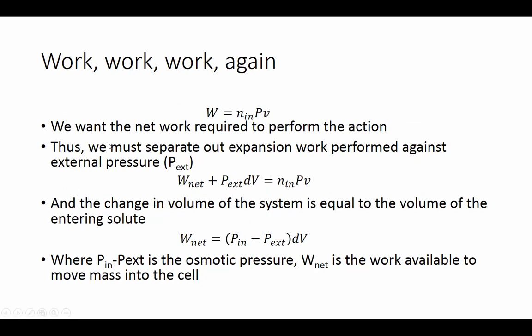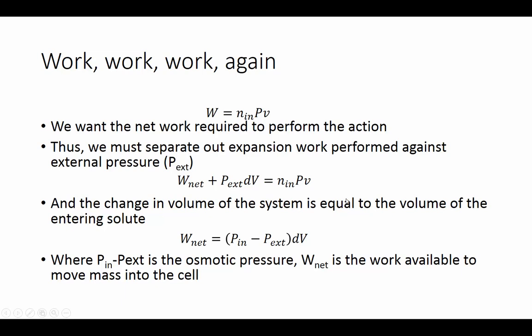We want the net work required to perform the action of moving solute in against the gradient here. So for that, we've got to separate out expansion work performed against external pressure, that hydrostatic pressure. So the net work plus the external pressure times the change in volume is equal to, again, the number of moles in multiplied by the pressure multiplied by the specific volume.